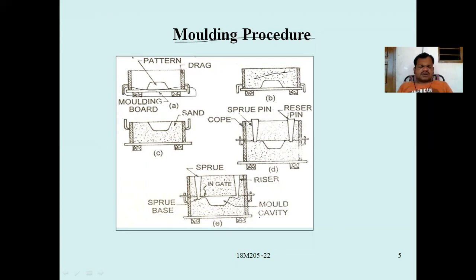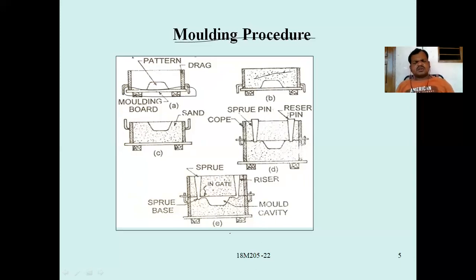So when the material is coming from the riser, you can easily identify that the cavity is filled completely. After identifying that, we can stop pouring the molten material.